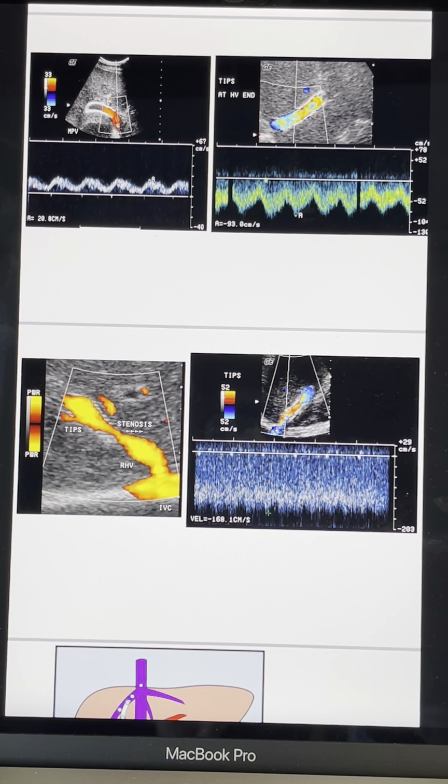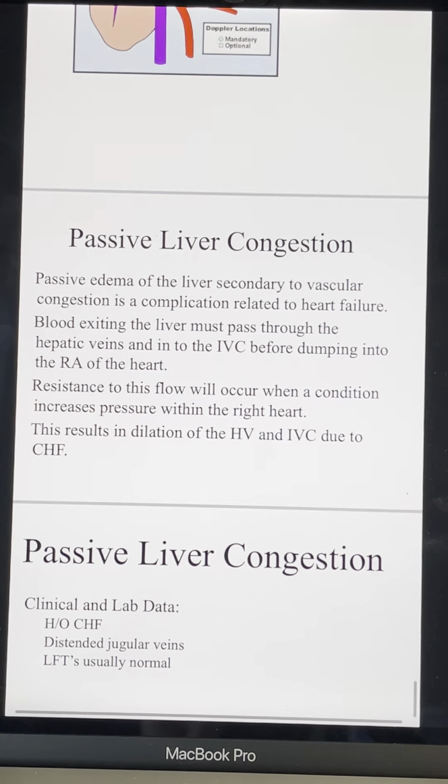Okay, this is the last topic, passive liver congestion. The name itself is telling that it's the congestion inside the liver. Passive edema of the liver secondary to vascular congestion is a complication of heart failure.